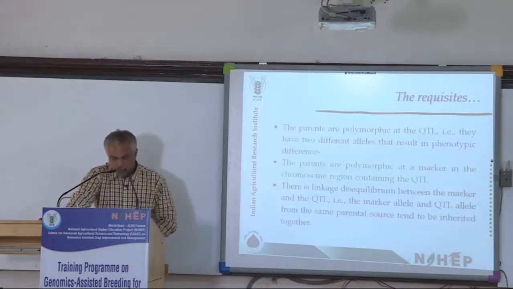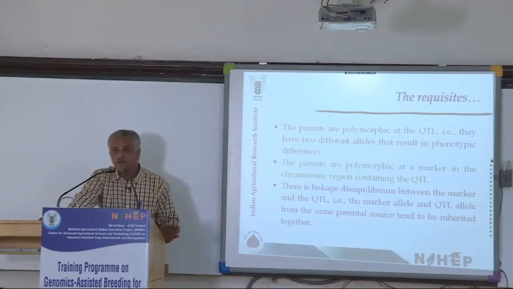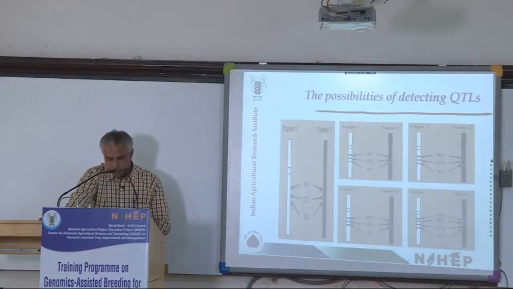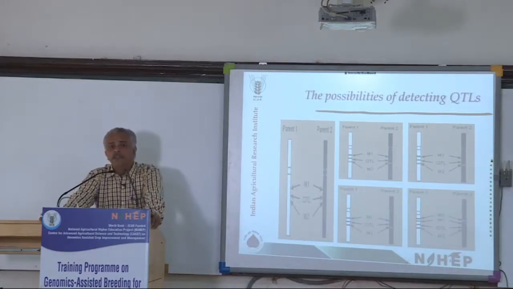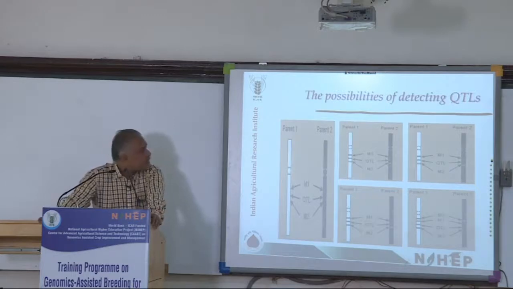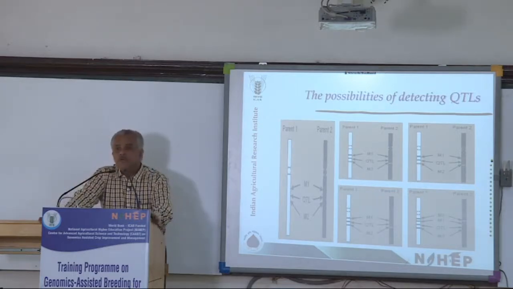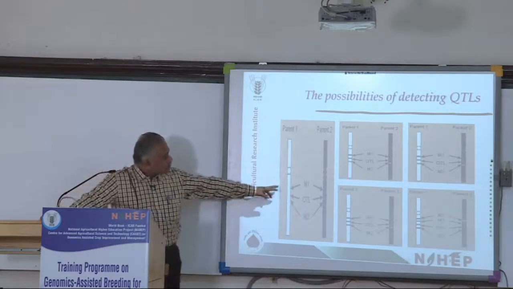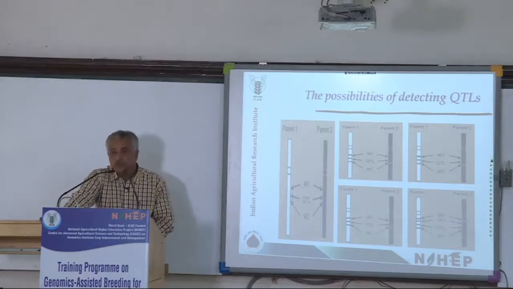Now, we have discussed this. The parents should be polymorphic in nature, they should have variation in the trait, and they should be in linkage disequilibrium. Now, what are the possibilities of identifying the QTL between two markers? For example, you take one QTL and two markers.